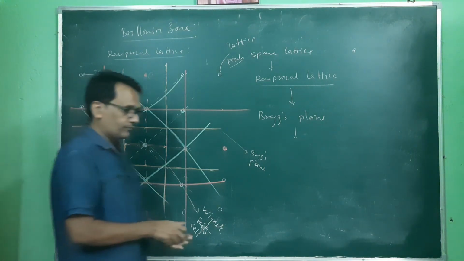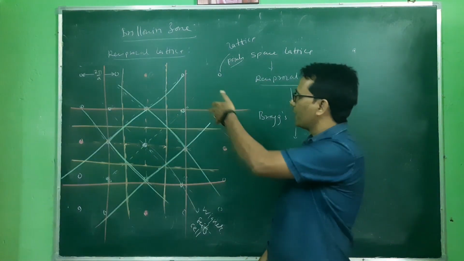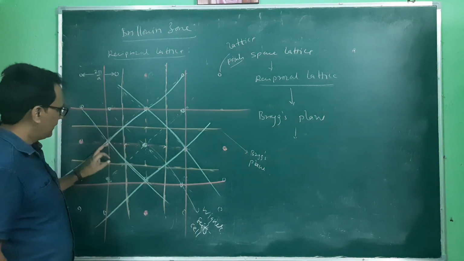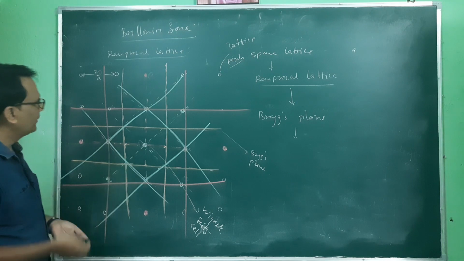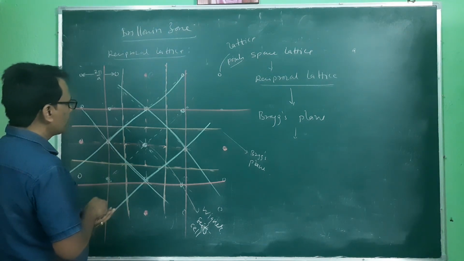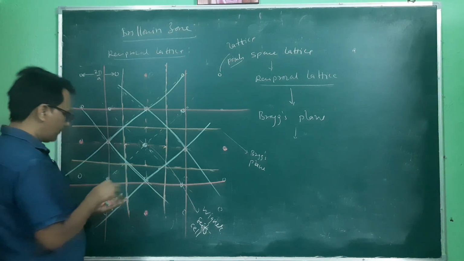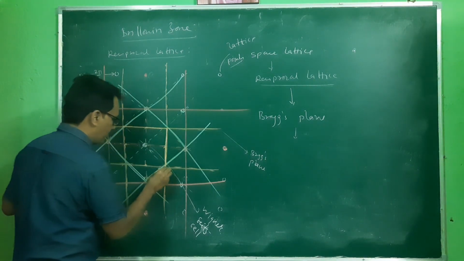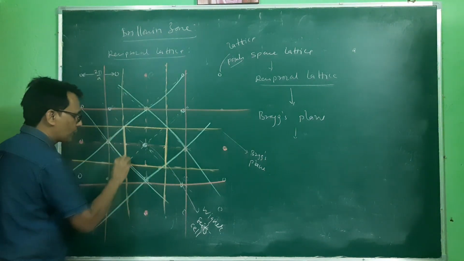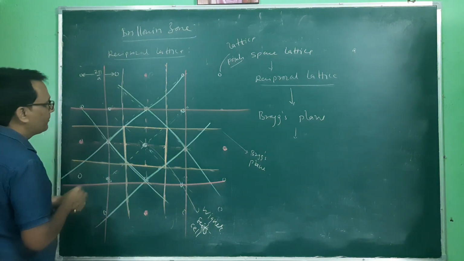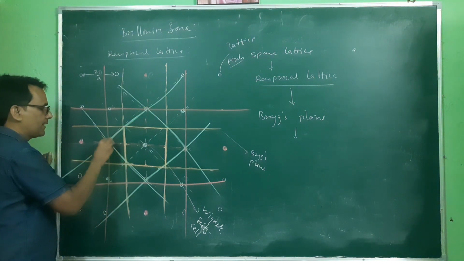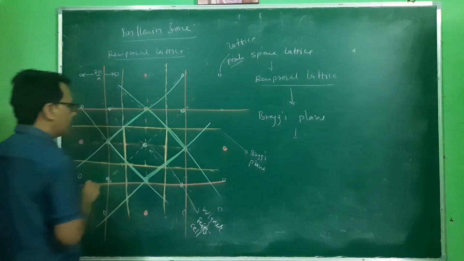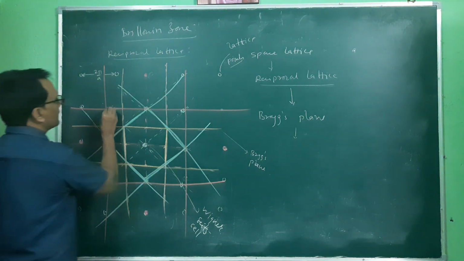If this periodic arrangement is regularly arranged with equidistant atoms, then these lines will be proper, and so we have sets of Bragg's planes. This is the first set of Bragg's planes, the square one, this is the second set, and this is the third set.